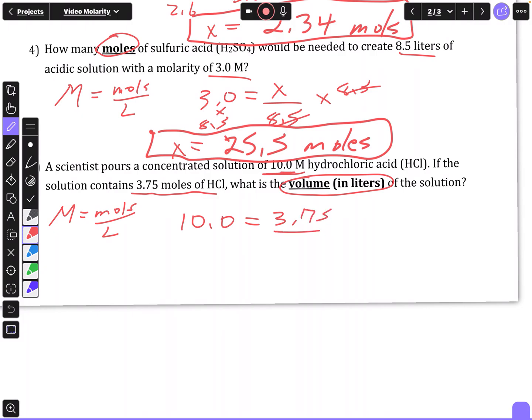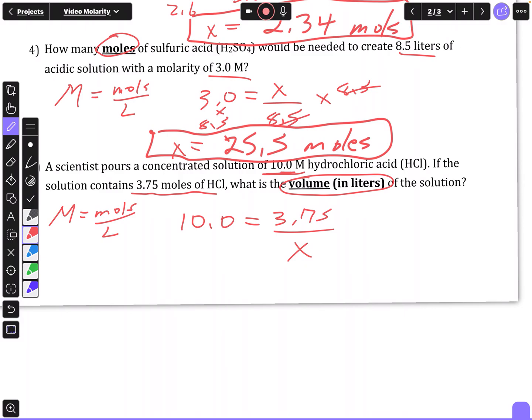and I do that over, and my liters is my unknown I'm solving for, so I'm going to put an X in there. Alright, and now when I get to this point, I'm going to make it a little easier on me to solve for this.